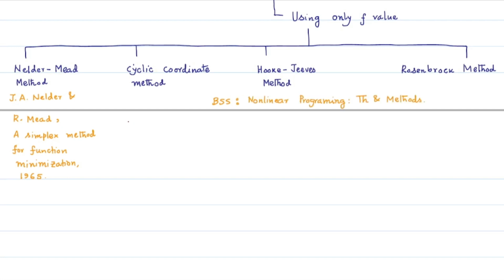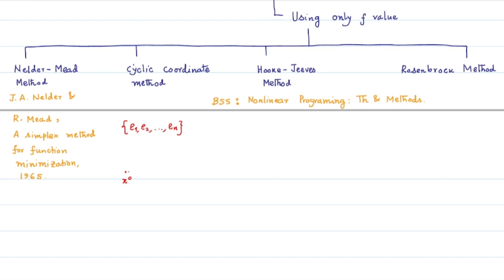In the cyclic coordinate method, we consider the directions of movement to be along the vectors of the standard basis. That means you consider the standard basis of the n-dimensional Euclidean space. Then we start from a given initial point x0.